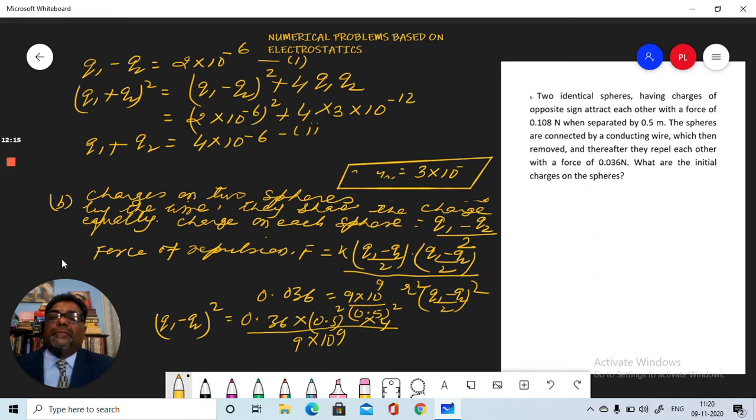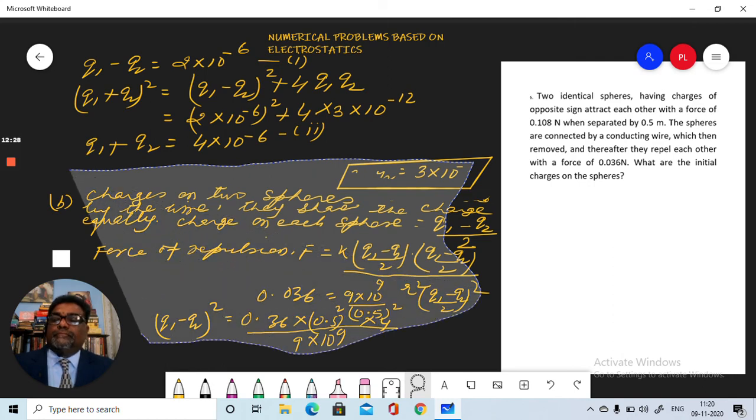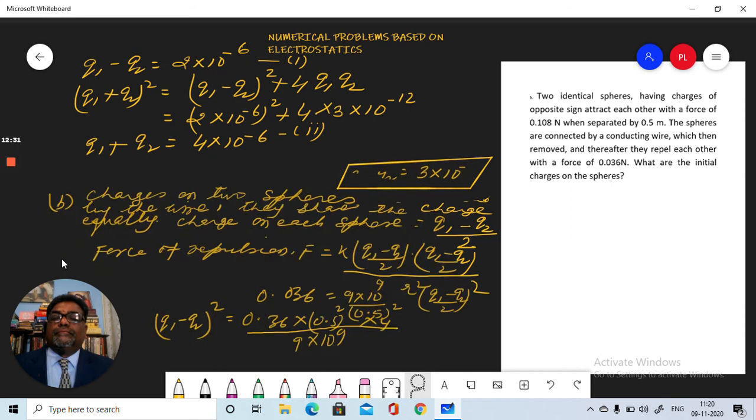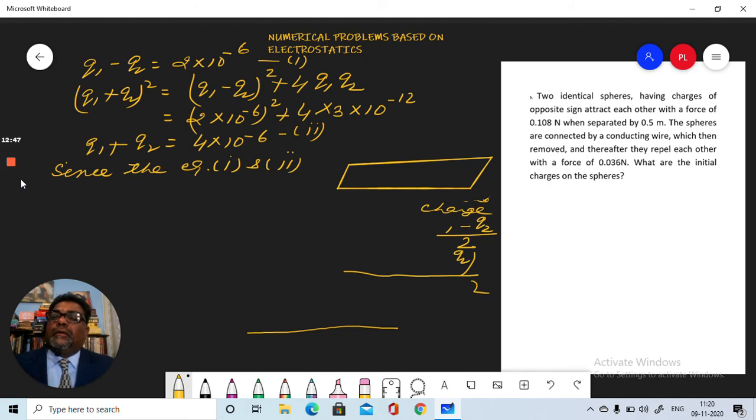Now since the equation 1 and 2, Q1 minus Q2 is given to you 2 into 10 raised to the power minus 6.